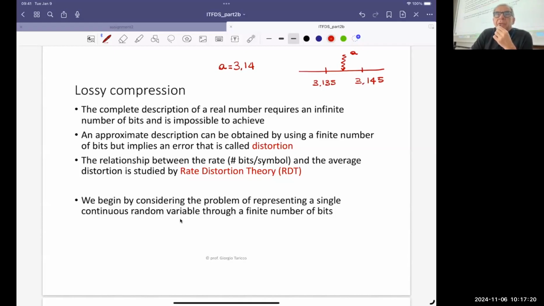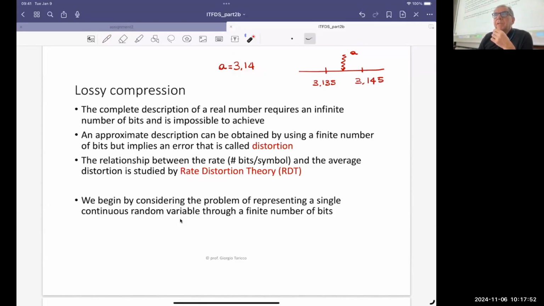Improving this approximation means that we decrease the size of the interval. And to do this, we actually require to have a very large number of digits. So instead of using, for example, just 2 digits, like in this case, we can use 3 digits, 4 digits, and so on.